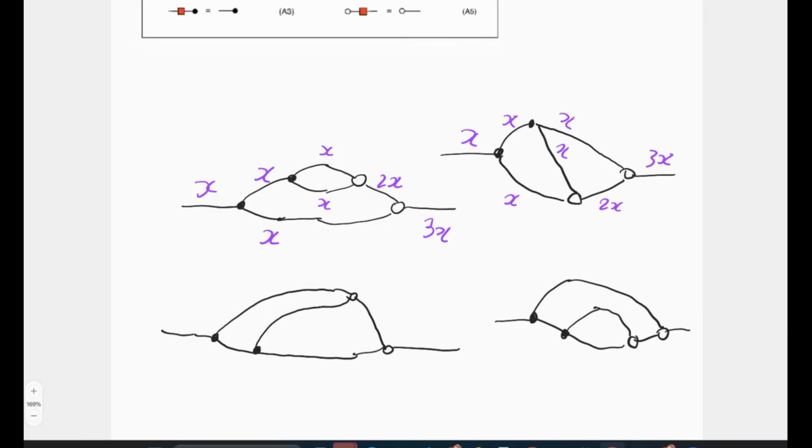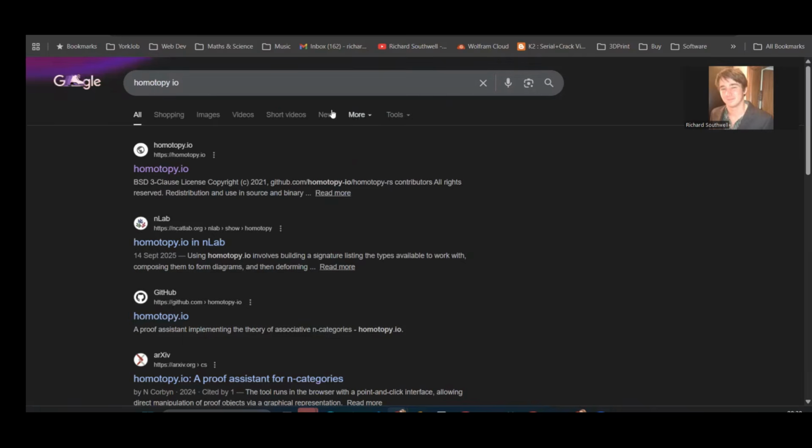So in a sense, this kind of equational theory or rewrite theory can be viewed as us looking at these slices of something that's high dimensional. I'll go there on Google.